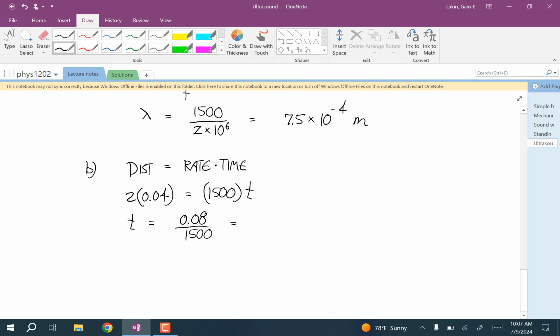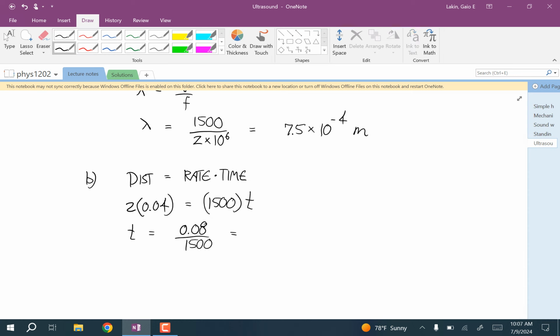And that means that this receiver has to be able to differentiate times, somewhere in the ballpark of 5.3 repeating times 10 to the minus 5 seconds.